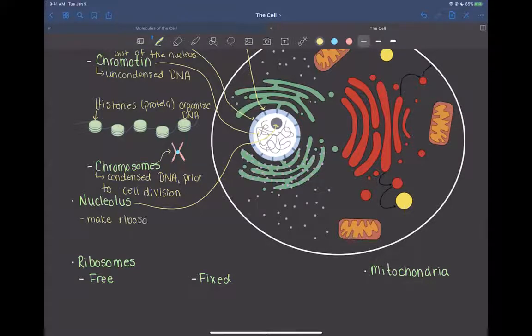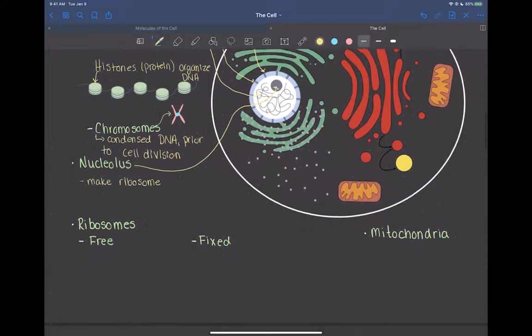That little dot within the nucleus, its job is to make ribosomes. We'll talk about ribosomes. They're just these little purple dots all throughout the cell. Their function is to make proteins, but those ribosomes are made in the nucleolus.